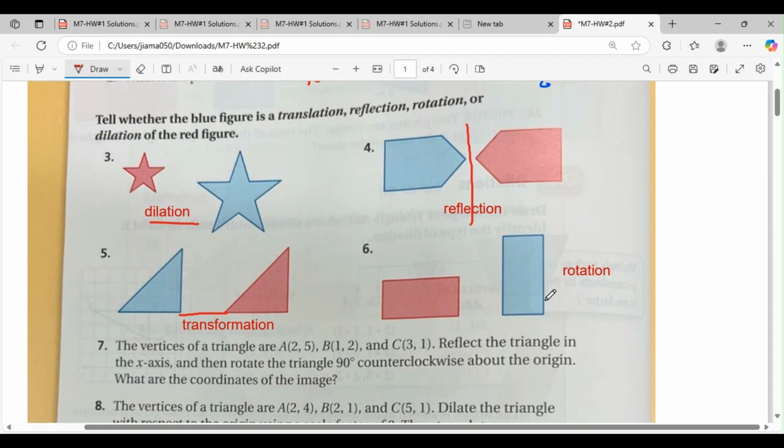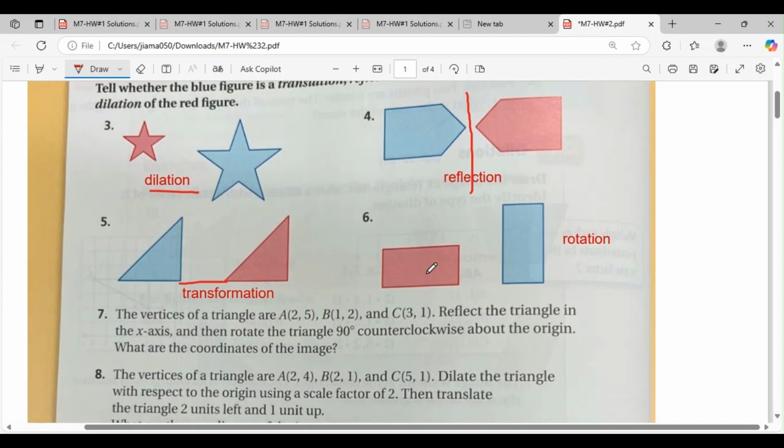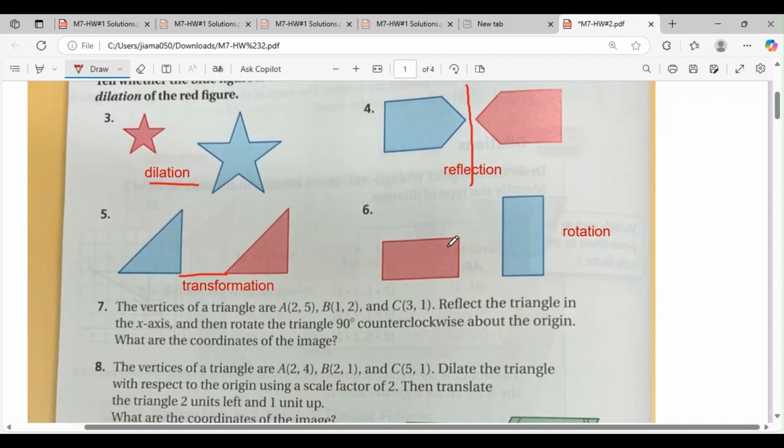Number 6 is rotation because if we rotate the right one 90 degrees clockwise, we also can find that they are the same. You can draw it out.